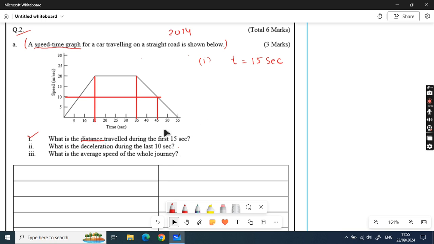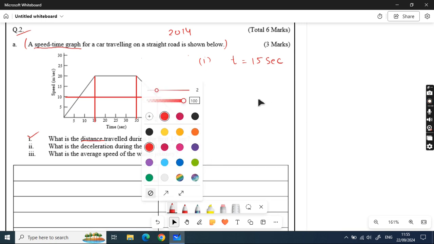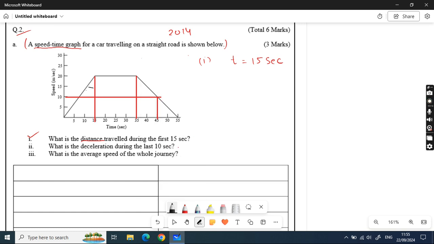Now in the first 15 seconds, what is the distance? Here we see this is a triangle, and we already know the area under the slope in a speed time graph is known as the distance of a body.